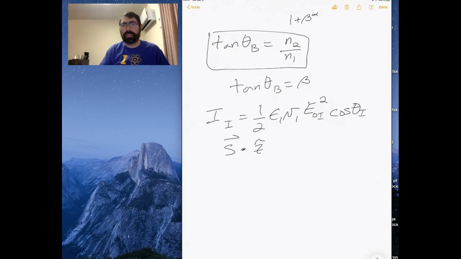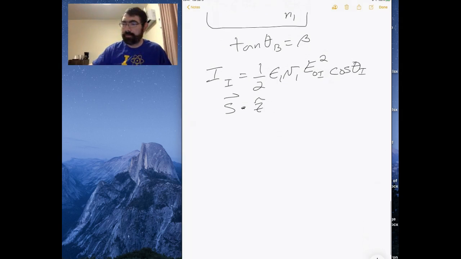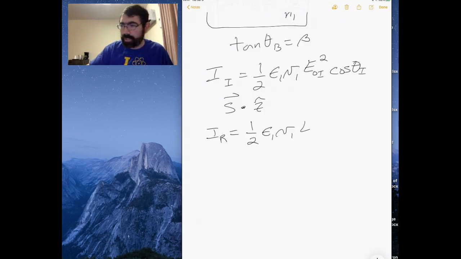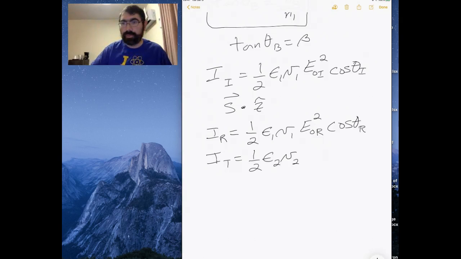So that's why we have the cosine of the angle in there. The reflected intensity is 1/2 epsilon 1 v1, the reflected amplitude squared, times the cosine of the angle. And the same thing for the transmitted, except now it's material 2 with the speed of the wave v2.